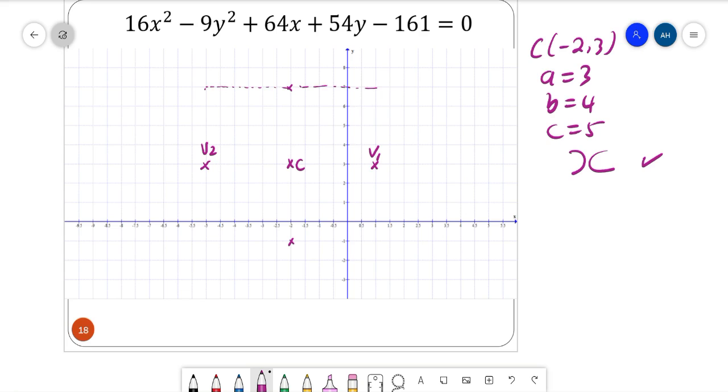So I have to go down also. Go this way. Like that. Okay. So now I'm ready to draw the asymptotes, passing through these points.